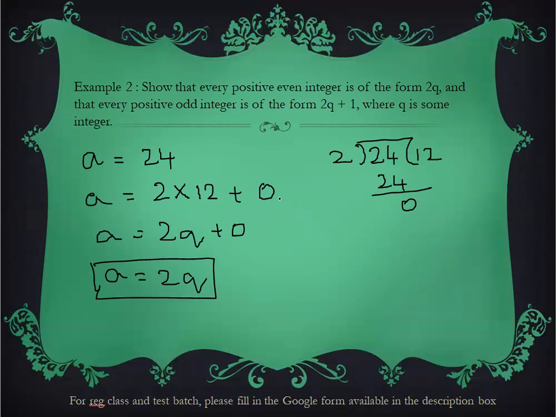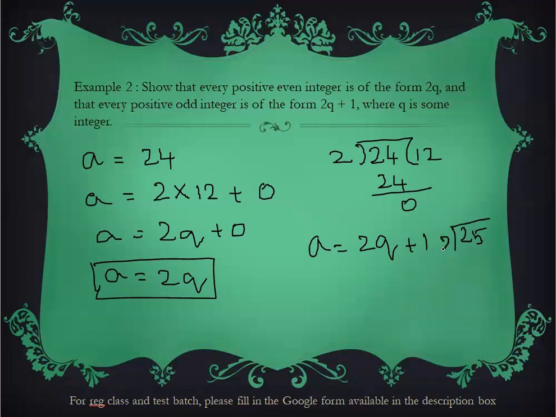Similarly, we need to prove a is equal to 2q plus 1 for all positive odd integers. Okay, same way we are taking a number as 25.